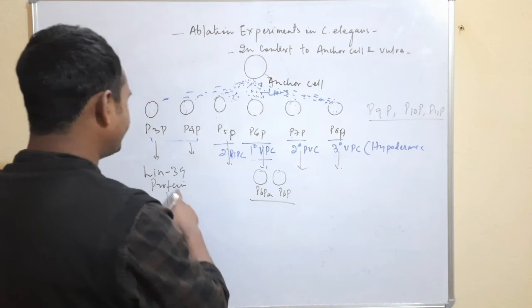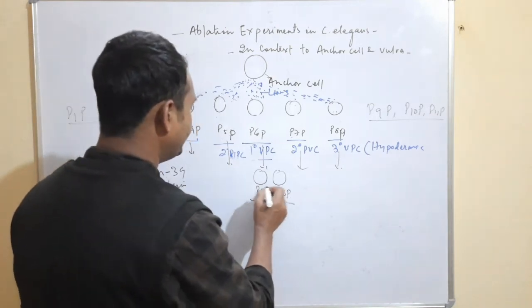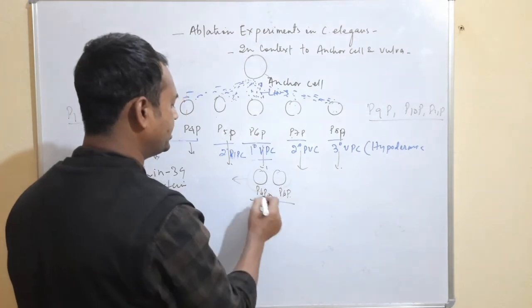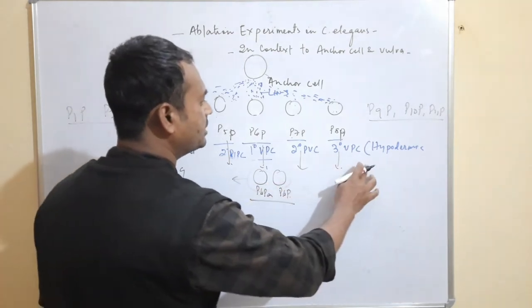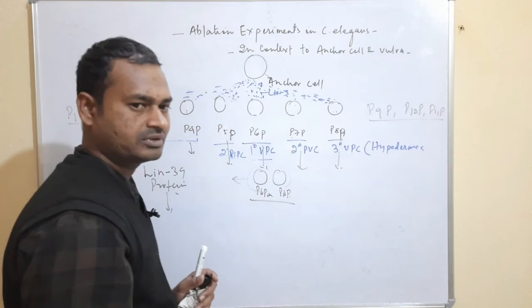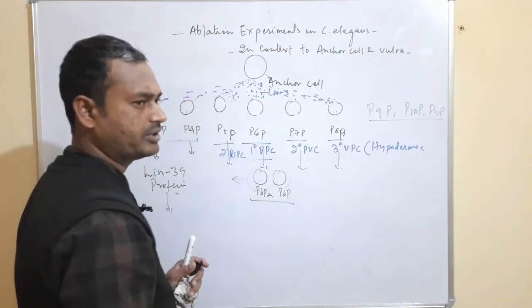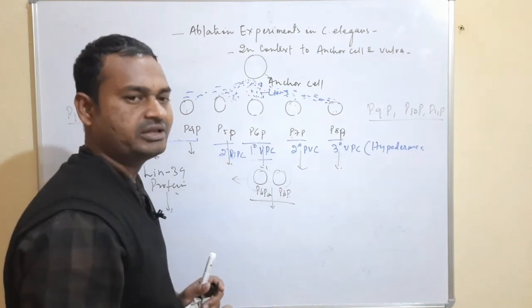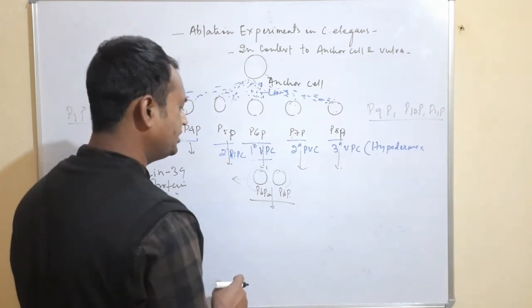Lin-39 stops these two cells from acquiring the structure of the hypodermis, or from fusing with the hypodermis first. Second, it keeps the pace of the cell division.